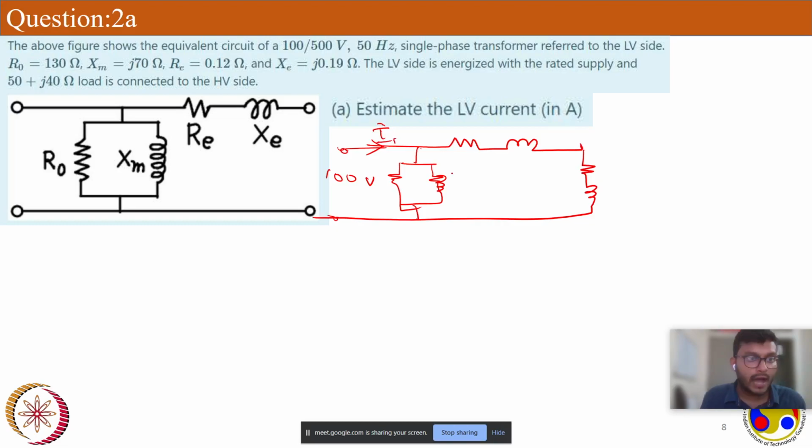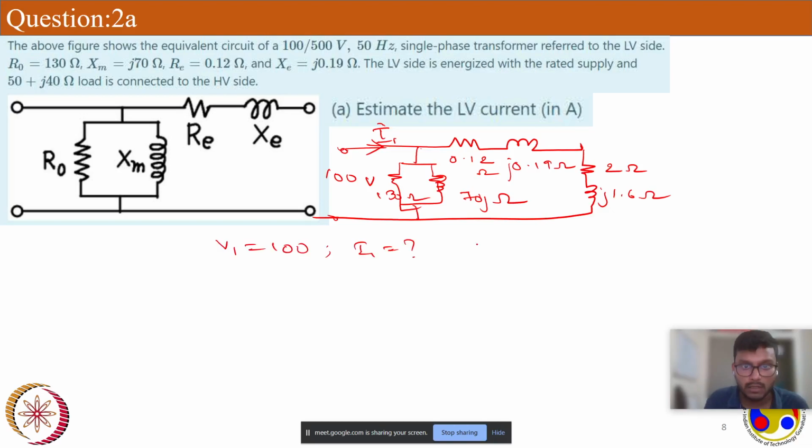RE is 0.12 ohm, XE is 0.19 ohm, J, and RL dash, how much is RL dash? 1.62 ohm, J 1.6 ohm, and R naught 130 ohm, and this is 70 ohm.